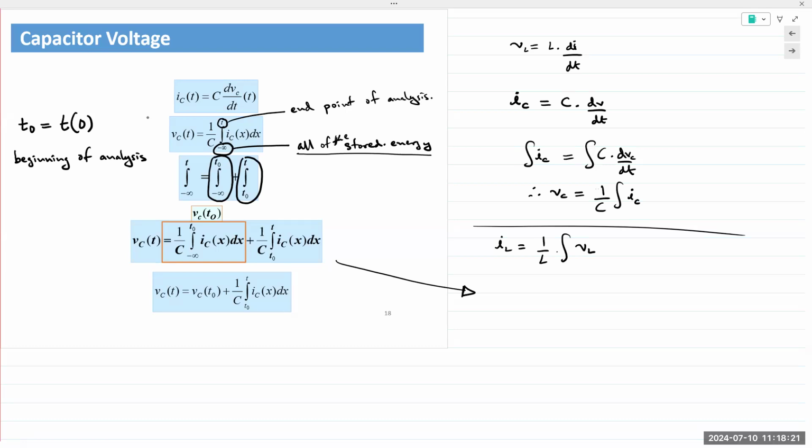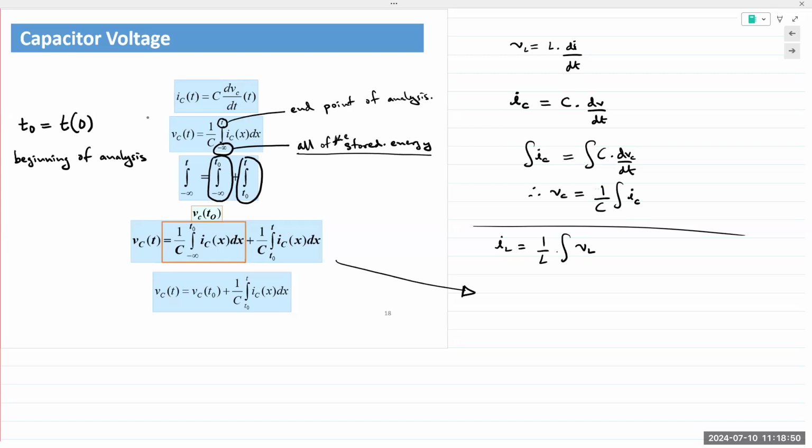As an example, let's say you have a machine or a system that is running 24/7, right? At 9 o'clock in the morning, you wish to know what the voltage or the current is at any point in that circuit. Then t0 would be 9 a.m. If you wish to look at, I don't know, like 11:50 at night to see what the system is doing, you begin your analysis at 11:50, then t0 in that case would be 11:50 p.m.